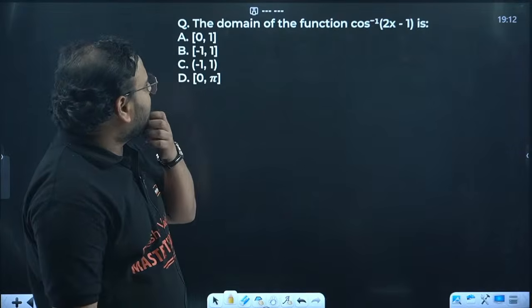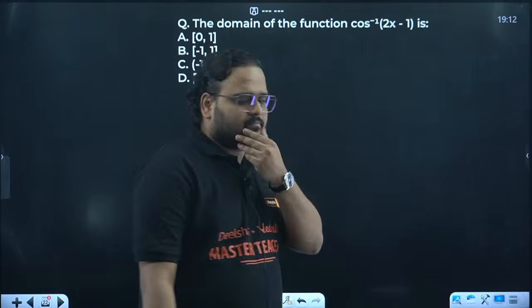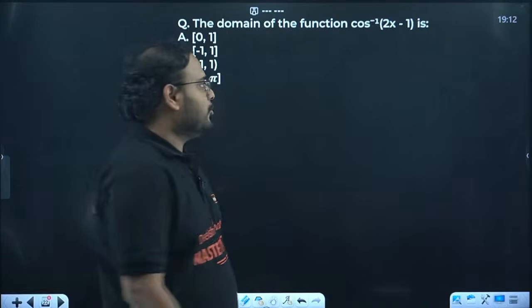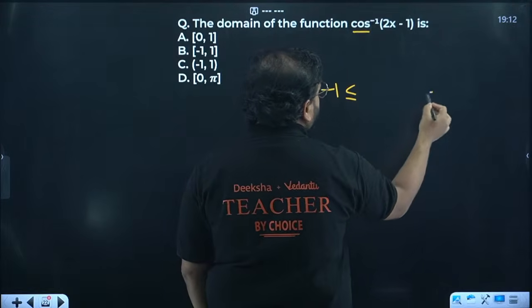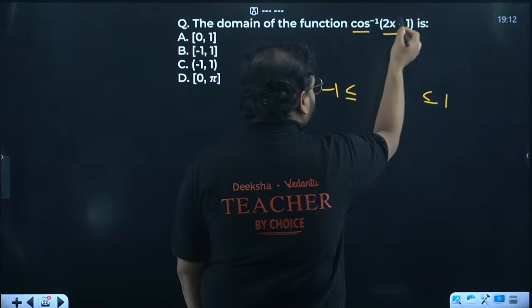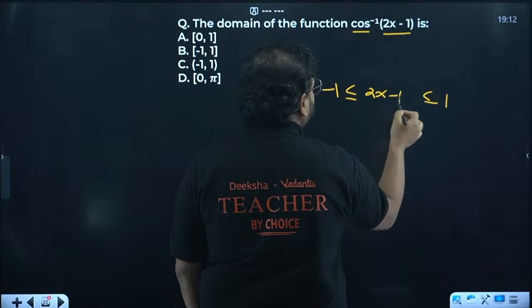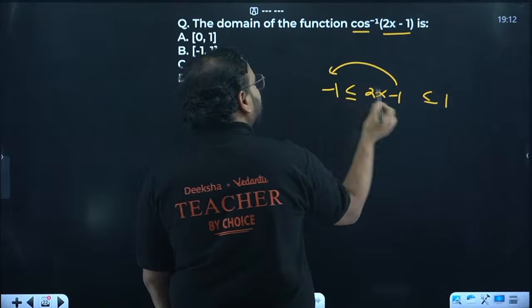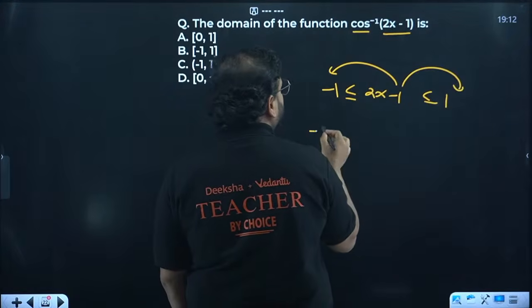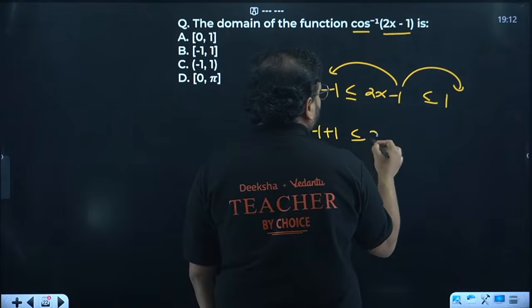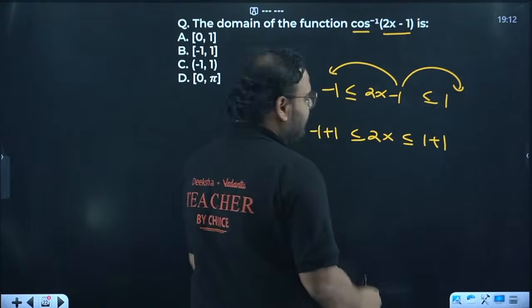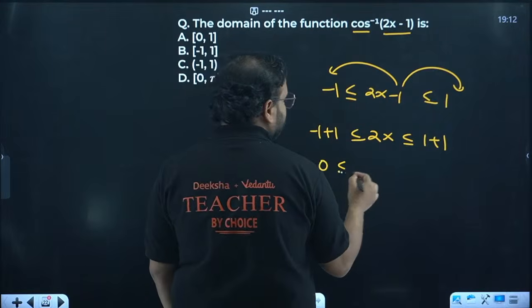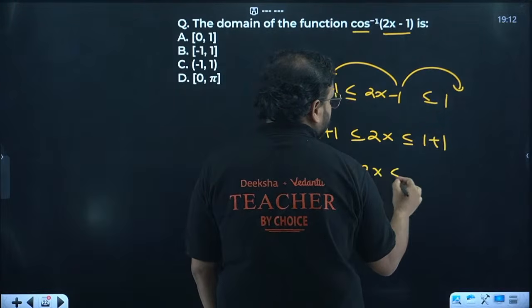Next, the domain of the function cos inverse of 2x minus 1. How do you solve it? The domain of cos inverse is -1 to 1. So instead of x, we have 2x minus 1 here. Solve it: -1 ≤ 2x - 1 ≤ 1. Adding 1 on both sides, it becomes 0 ≤ 2x ≤ 2.